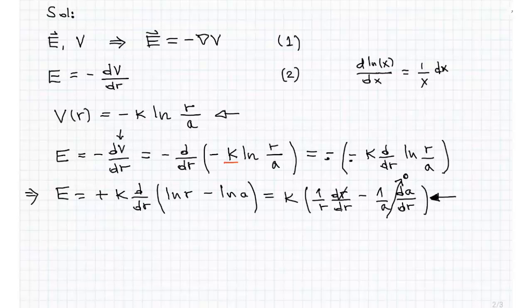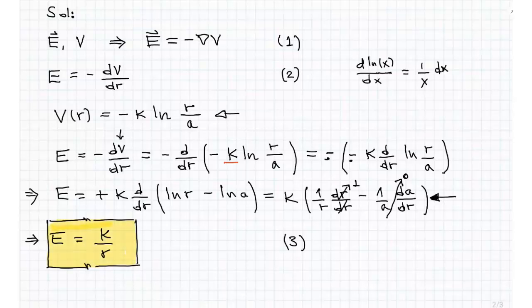And this is 1, so E is equal to k divided by r. I will call this equation number 3.